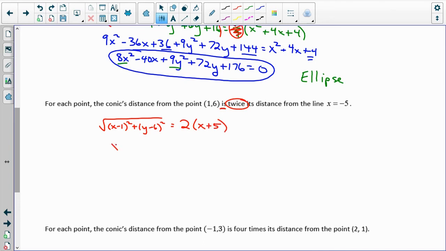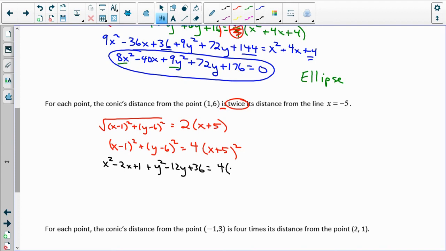So now when I square both sides, I have (x minus 1) squared plus (y minus 6) squared equals 4 times (x plus 5) squared. 2 squared is 4, so that's something that's kind of important to keep in mind. x squared minus 2x plus 1 plus y squared minus 12y plus 36 equals 4 times x squared plus 10x plus 25.